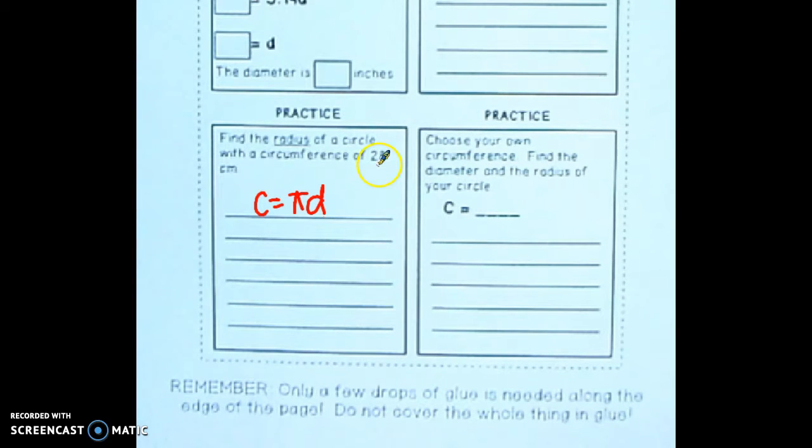We're plugging in 28 for our circumference. 28 equals 3.14 times the diameter. I'm going to divide by 3.14 because I'm getting the diameter by itself. And that gives me that my diameter is 8.92.